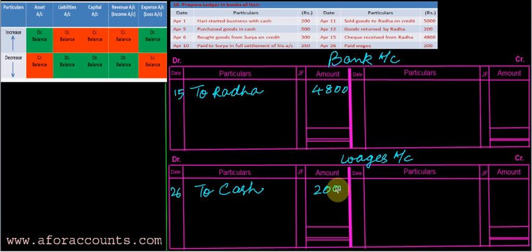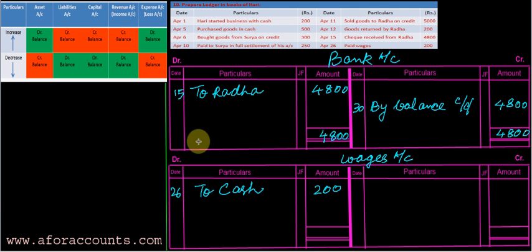Now we have bank account having a total of 4,800 of debit balance. So on 30th April, by balance carried down 4,800, total 4,800, and next month, the first day of May, to balance brought down 4,800.